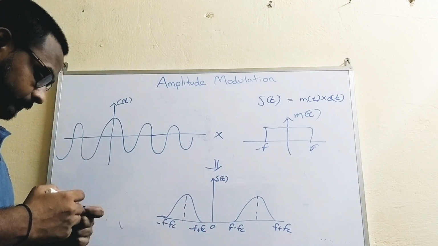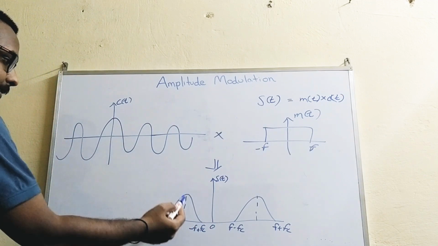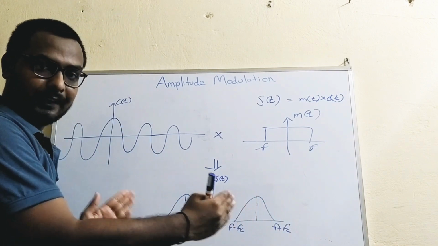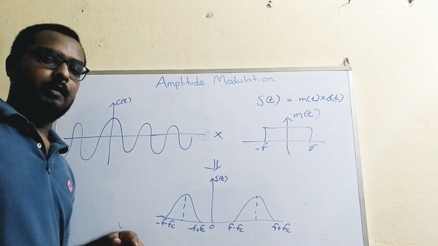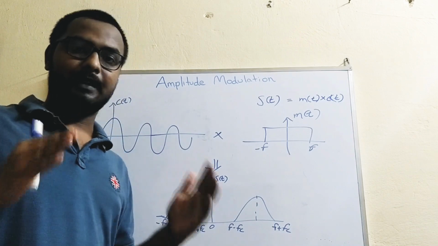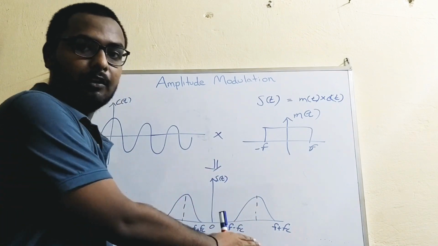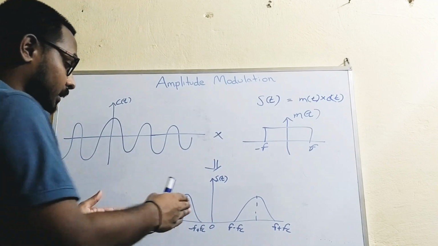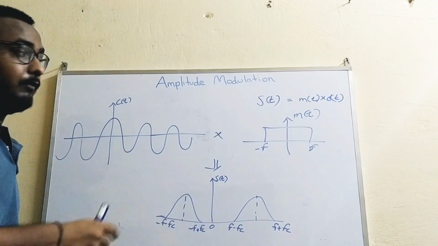Now, what is this and what is this? These are the sidebands of our resulting signal. 99% of the message is stored in the sidebands only. From where do we get it? It comes with the help of the Fourier transform.